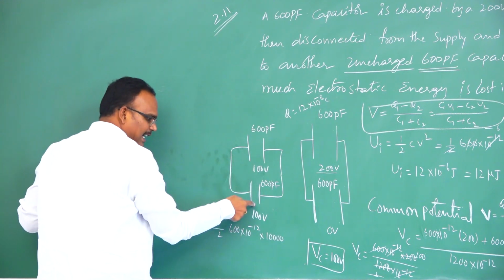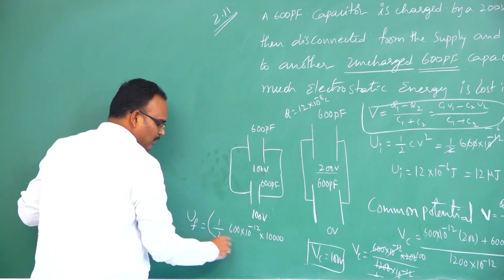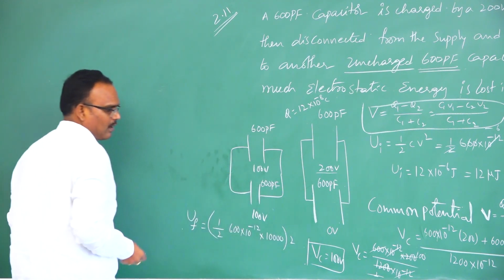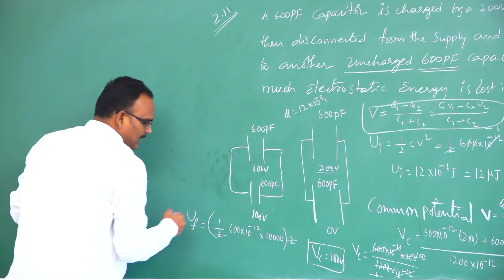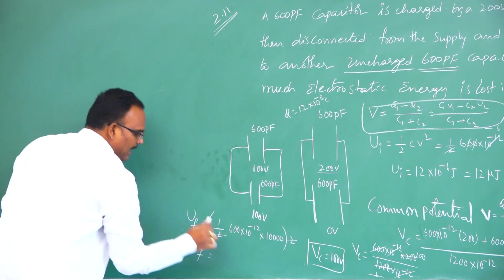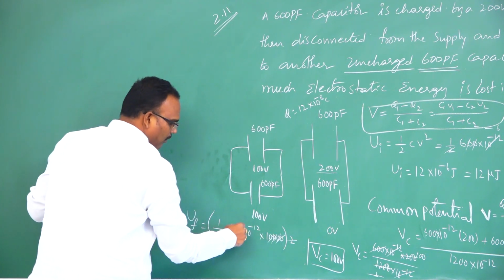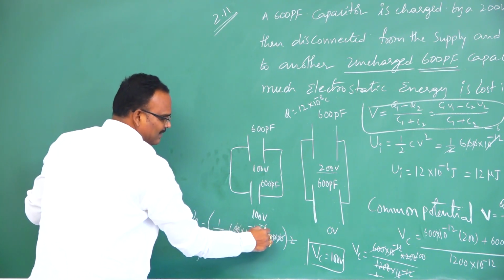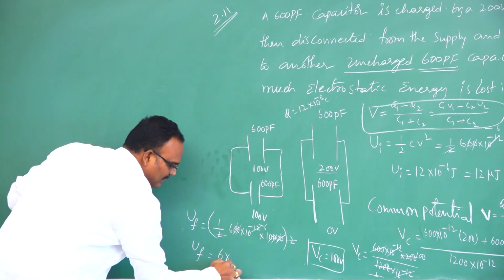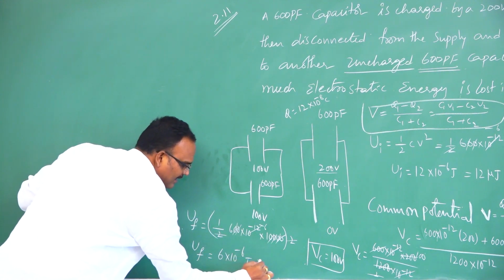This is also an identical capacitor, same energy will be there, so that's why into 2 times. This one cancels out, and final energy will be 6 into 10 to the power of minus 6 joule.